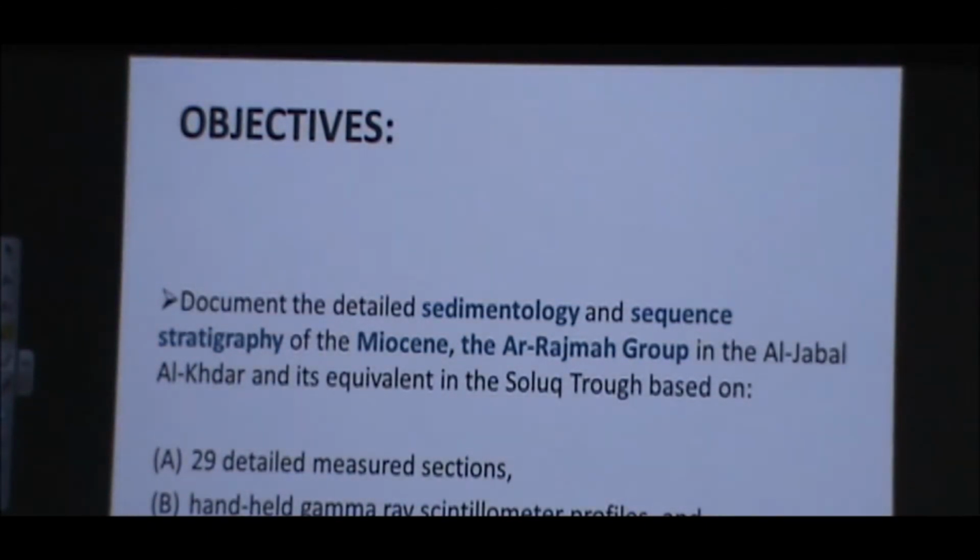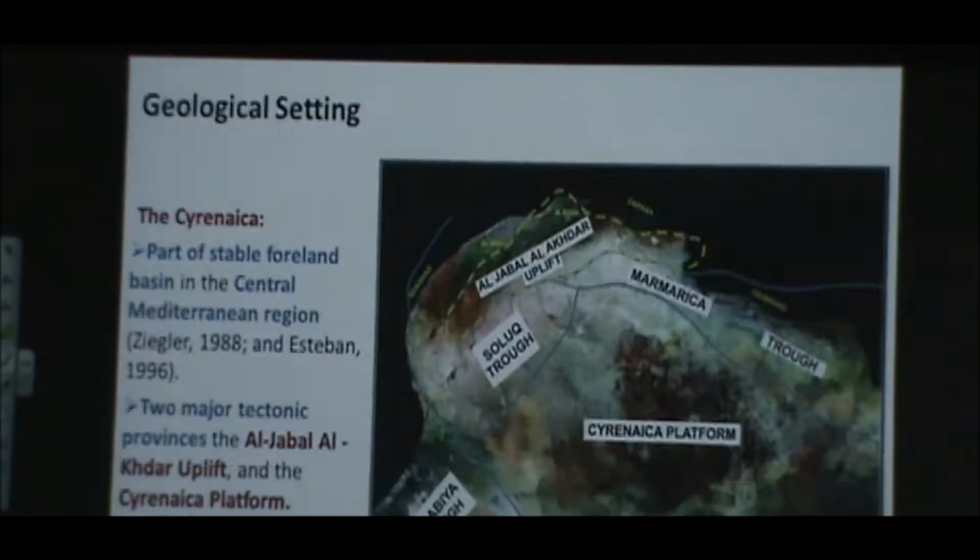And we did that through 29 field measured sections, besides gamma ray profiles measured in the field using handheld scintillometers. And the spacing was 0.5 meters between the intervals. And we used the carbon stable isotope curves to have better age control.